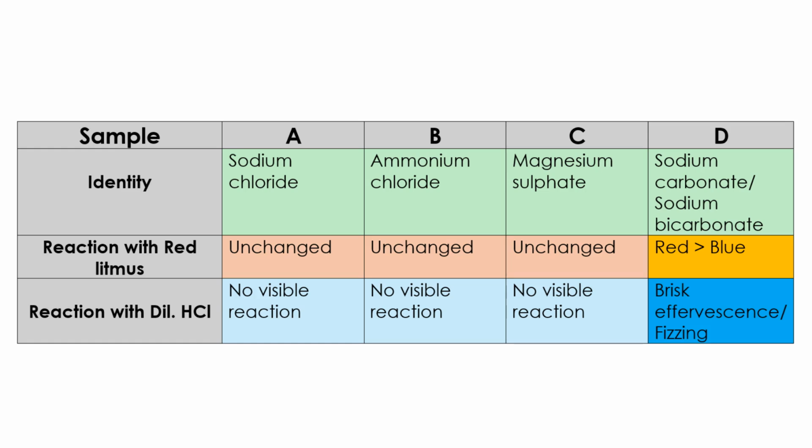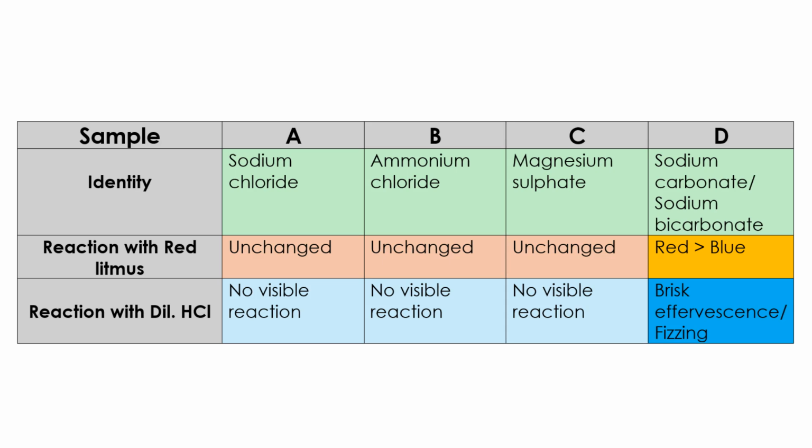Aqueous solutions of bases are capable of turning red litmus blue, which was seen in the experiment that we have just performed. Metal carbonates and bicarbonates react vigorously with dilute acids to produce copious amounts of carbon dioxide gas. The reaction is also known as brisk effervescence or fizzing. This was also one of the observations made in our experiment when dilute hydrochloric acid was added to sample D.